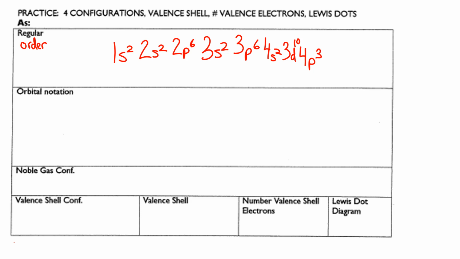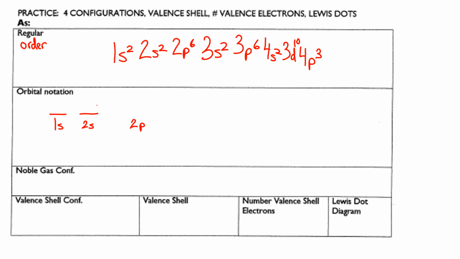Now, I don't need my periodic table once I have my regular order configuration written. I don't need that anymore. What I need to know is, so 1s we said only has one orientation, and s only has one orientation, so that represents my 1s, 2s, one orientation.